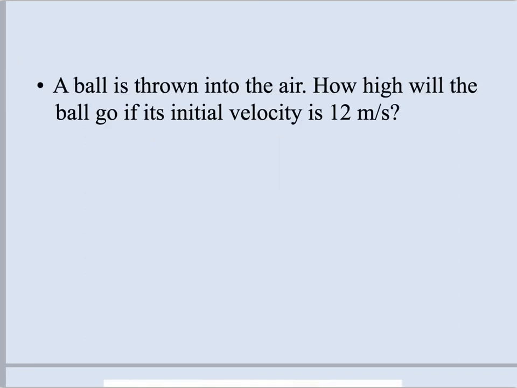Speaking of a problem, let's take a look. We say we have a ball that's thrown up into the air. How high will the ball go? So HF, what's the final height if it has an initial velocity of 12 meters per second? So we're throwing it up in the air at 12 meters per second. Now, let's write this one out.